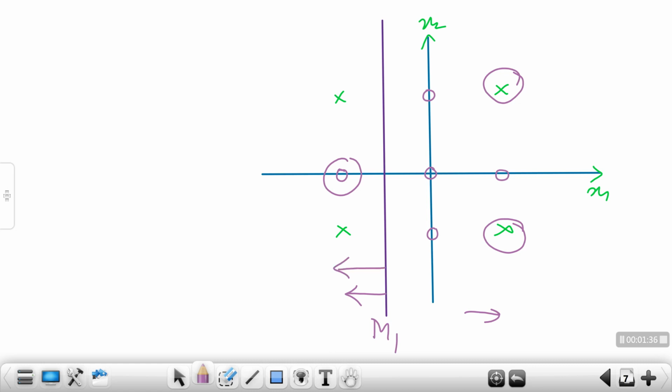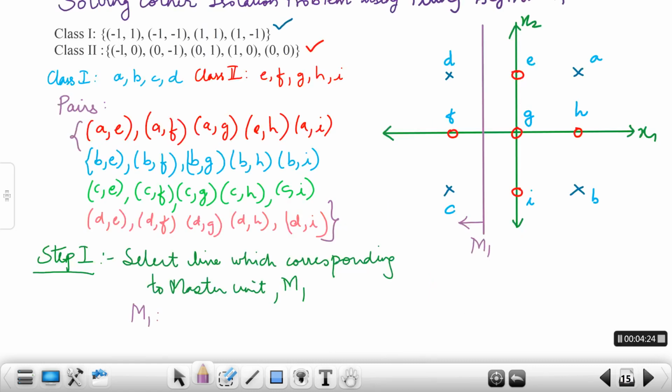So it will indicate x1 equal to minus 0.5, which can be reduced to x1 plus 0.5 equal to 0. But the direction we have taken is the negative x1 direction, and the 0, 0 point should not be on the line, so I reverse the sign and I get this particular equation.